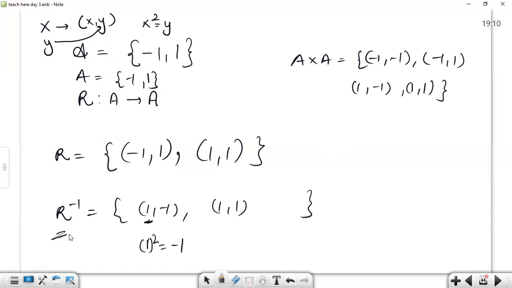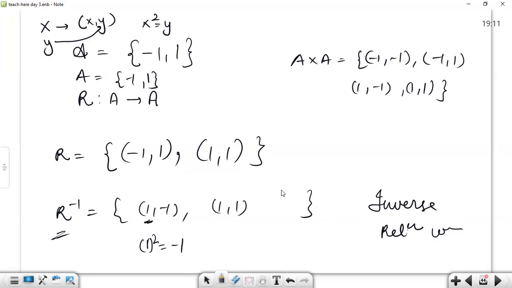That's why this relation will not be formed. Here the inverse relation will not exist, or if it would exist, then y should not be negative here. That's my point. Even if you are not able to understand it, we'll discuss it in examples.